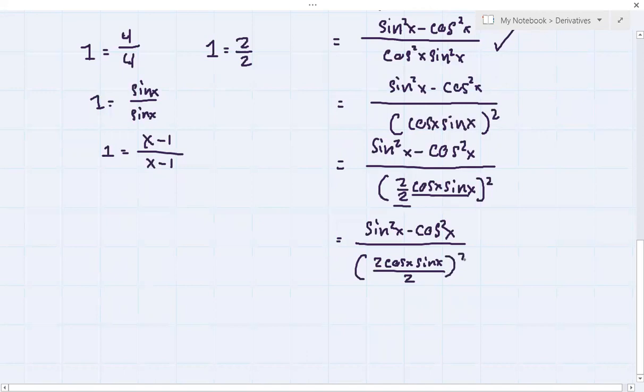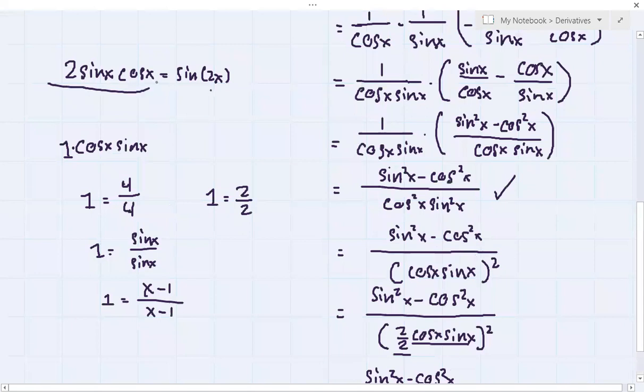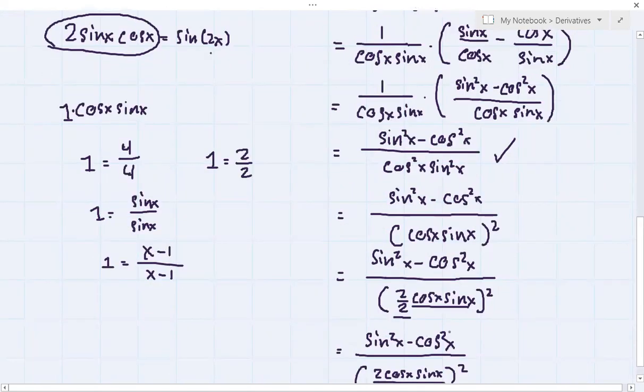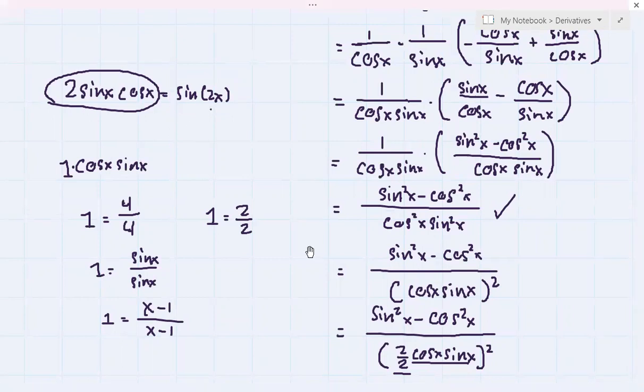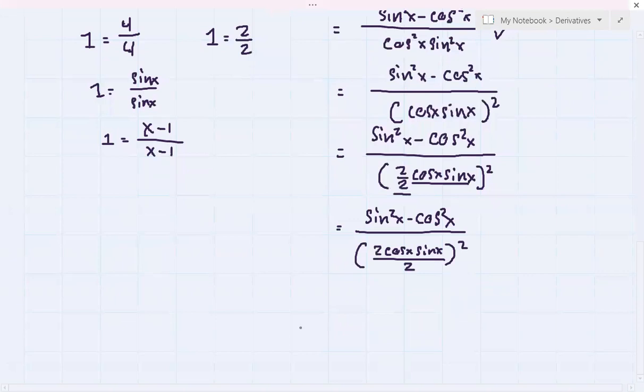Ganyan na siya. Okay? And, here's the thing. We have 2 times sin x times cosine x or 2 times cosine x times sin x. Pares naman sila. So, we can substitute it as sine of 2x.